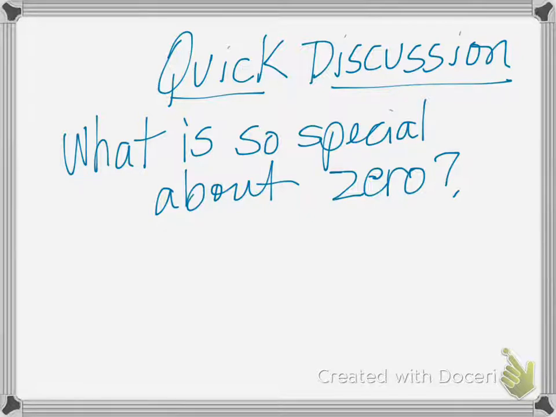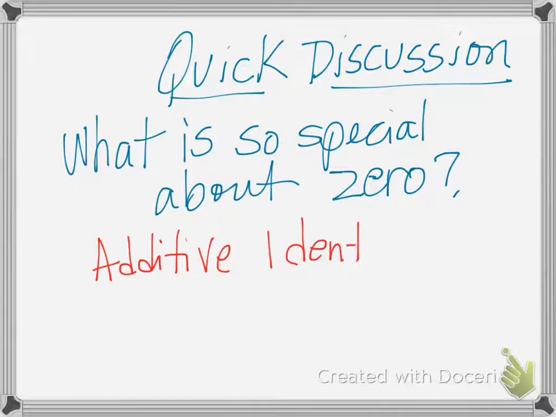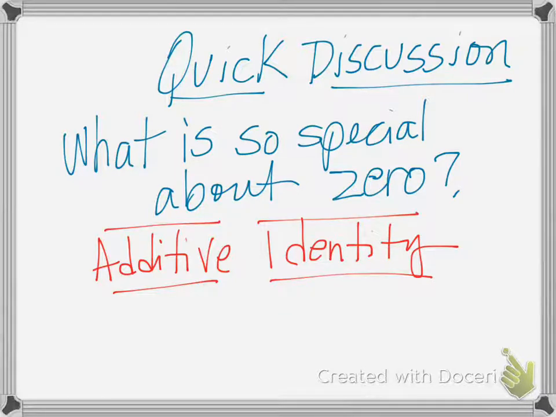Mathematicians have a special name for 0, and 0 is called the additive identity. They call the property the additive identity property of 0. So 0 itself is referred to as the additive identity, and the property is called the additive identity property of 0, because like we mentioned before, 0 maintains the identity of any number or quantity.